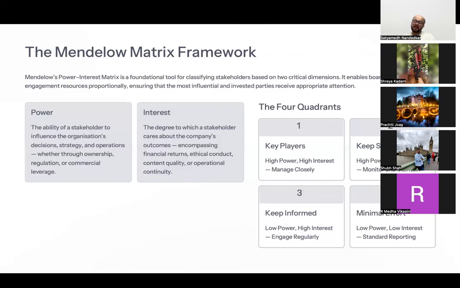Low power but high interest stakeholders need to be kept informed, and you have to engage with them on a regular basis through appropriate corporate communication. And then of course minimal effort: these are stakeholders who neither have a high interest nor a high power. So the low power, low interest stakeholders fall into the minimal effort category.